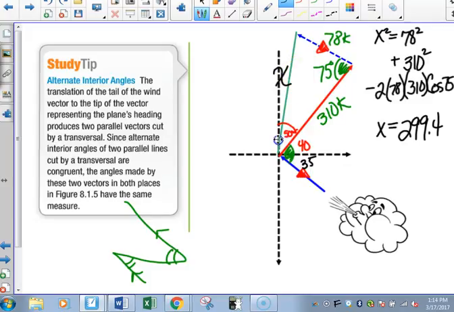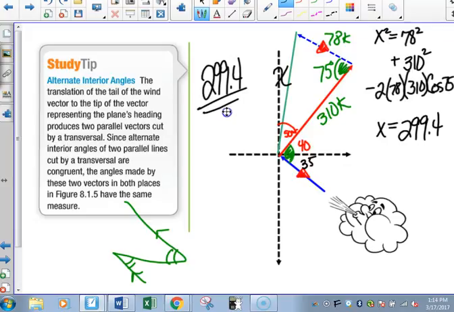That is the length of this. What does that mean? Yes, the plane is now traveling that speed. If he's trying to fly 310, but the wind is pushing him 78, doesn't it make sense when at that angle that it's going to slow him down a little bit? So he's down to 299.4 knots.